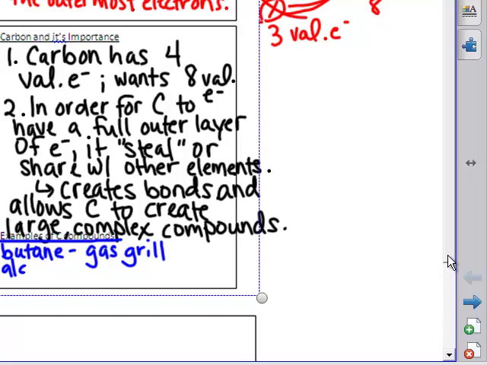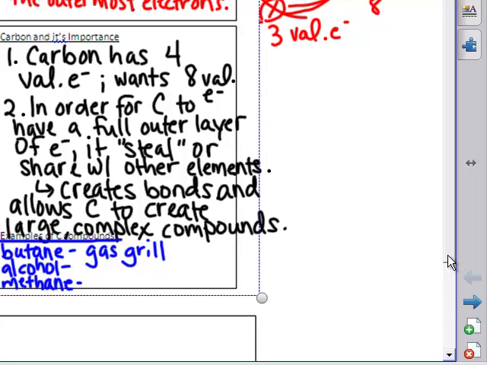Alcohol. Rubbing alcohol, that's made of carbon. Methane, which is an energy source, that's made of carbon. So we see that in a lot of places in our everyday lives, that carbon is super important.